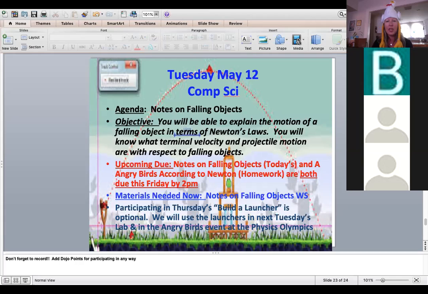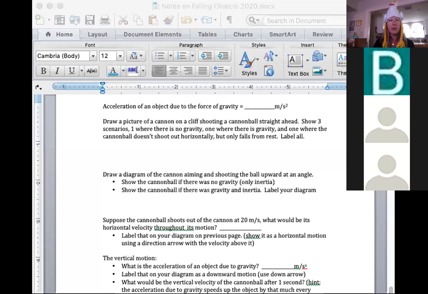You've got a sheet that looks like this for your notes. Let me make sure that I am showing you the right thing here, and that this is the notes and not the homework, because I want to talk about that too.